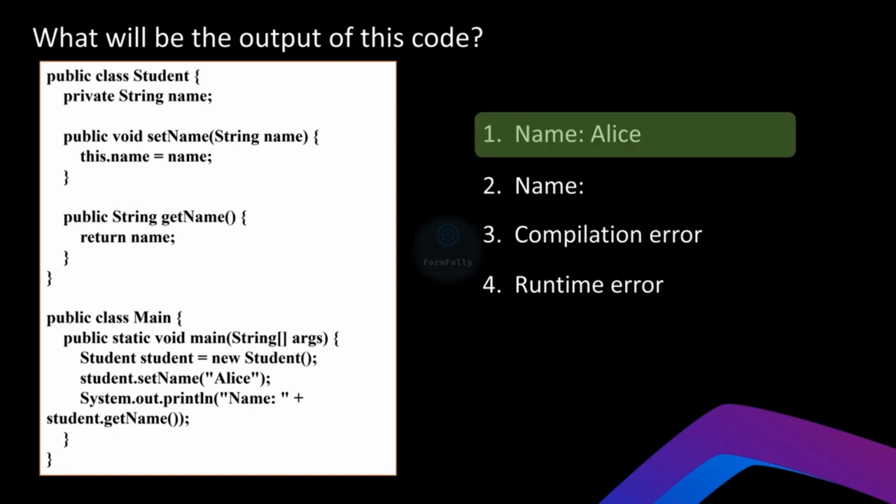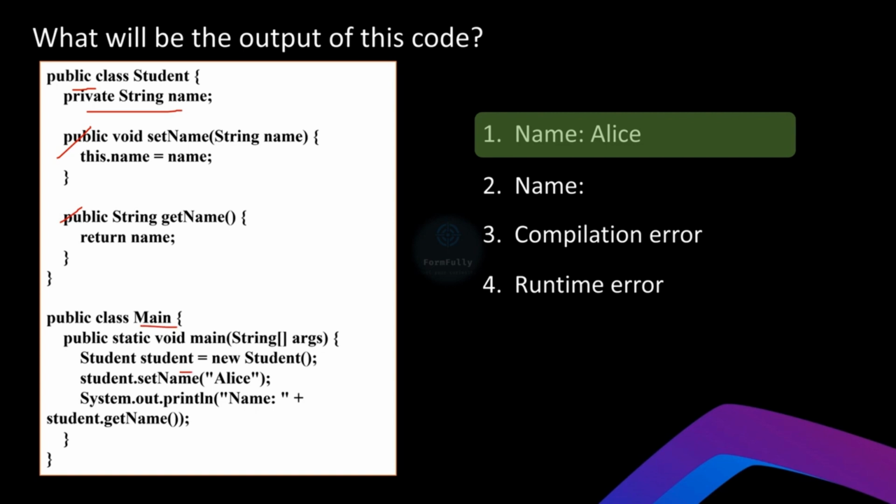The correct option is name alias, because let's see the code first. Here we have student class with private name instance variable, correct, and they have two methods for setting and getting name. In the main class we have main method.